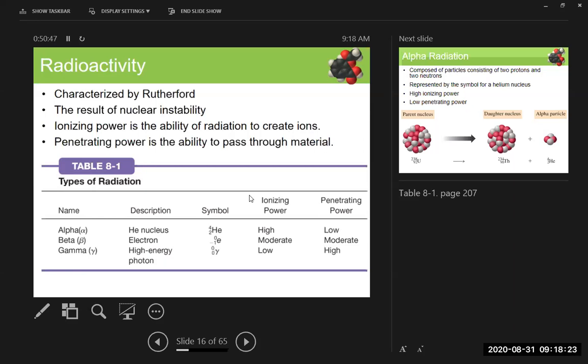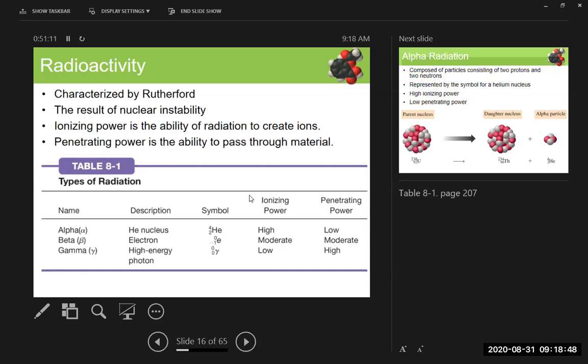And so where a lot of this comes into play is when you think of some of the medical stuff. Gamma radiation, which is the 3rd one here in the table, is a high energy photon, and we see low ionizing power, high penetrating power. That's used in the medical stuff because you don't want a lot of ionization going on, because you don't want stuff in your body being ionized, right?